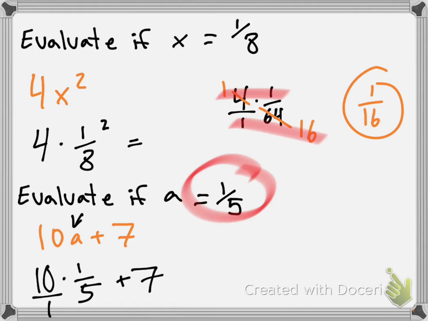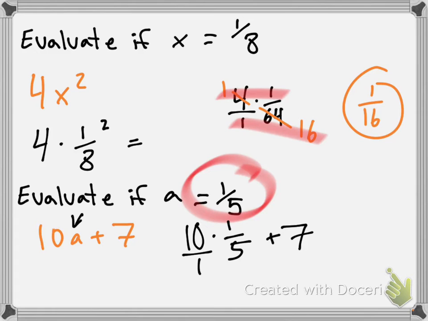Lucas, how did you solve for the second one? What I did was, I can't really see the problem very much, but I cross canceled, so I put 10 as 2 and I put 5 as 1. Perfect. We found their greatest common factor of 5. We cross canceled.